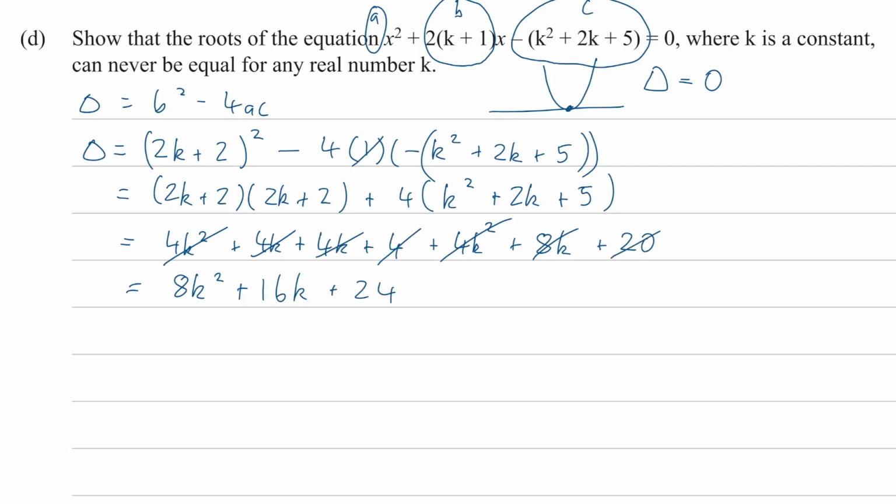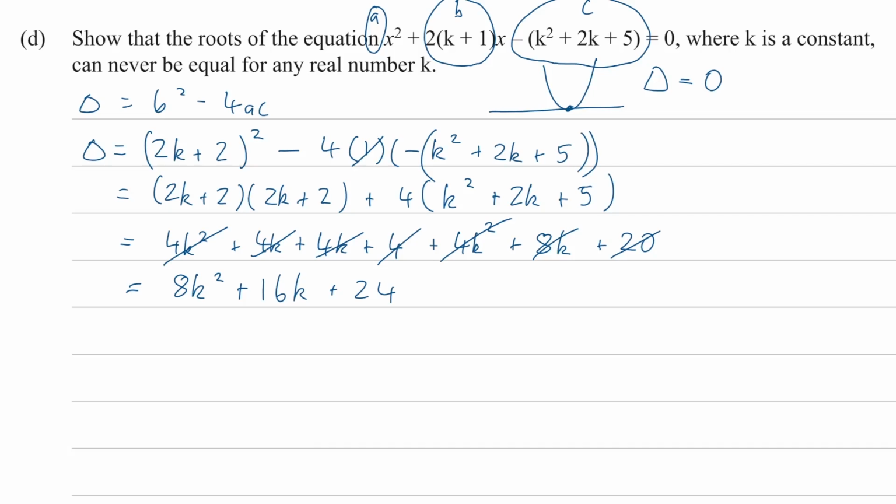So the discriminant of this quadratic equation is itself a quadratic in terms of k, right? Remember, k is just a number, k is a constant. Can we simplify this any more?